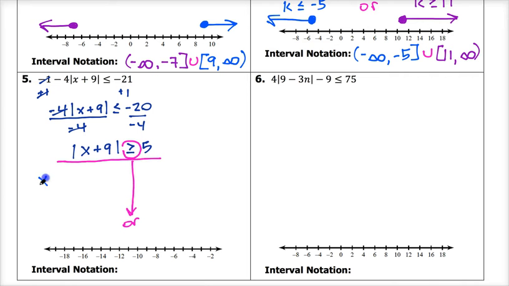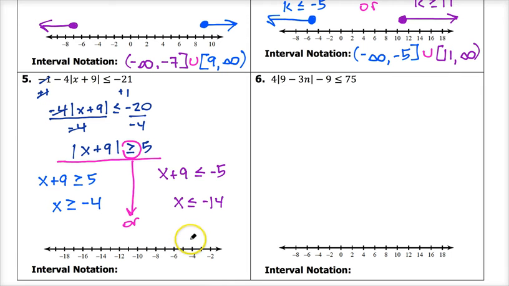Our 2 cases will be x plus 9 greater than or equal to 5, or x plus 9, switch this and switch that, less than or equal to -5. So I subtract 9. For the left case, I get x is greater than or equal to -4, and when I subtract 9 on the right case, I get x is less than or equal to -14.